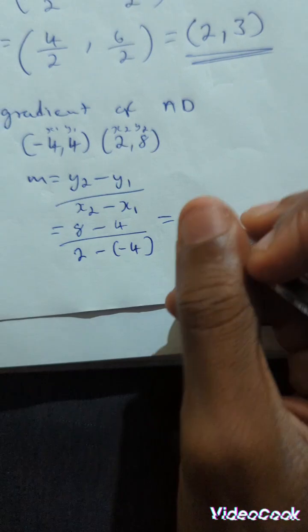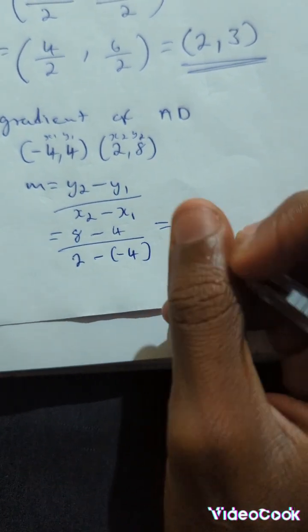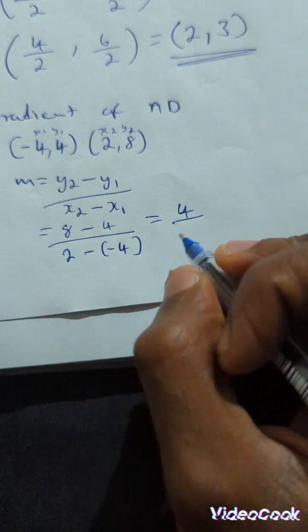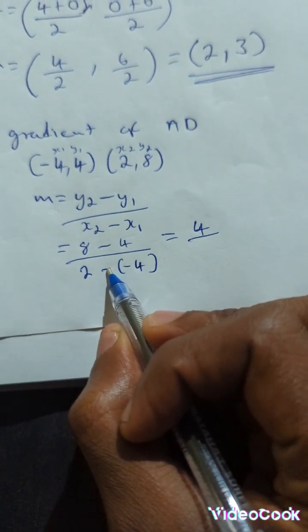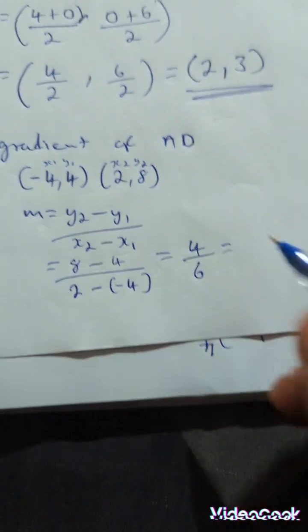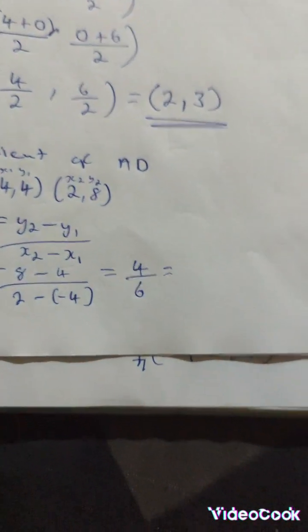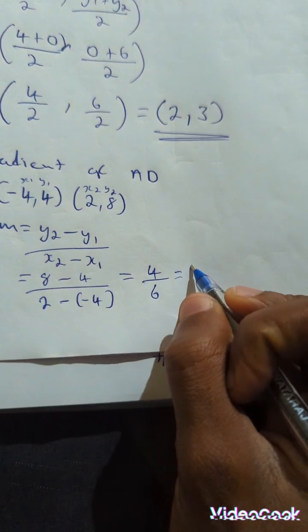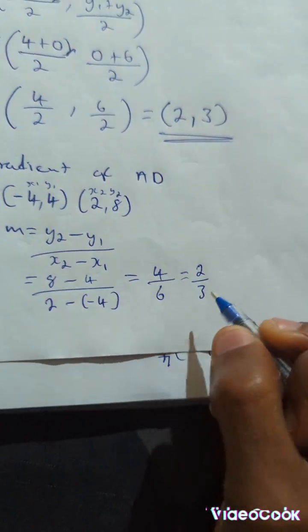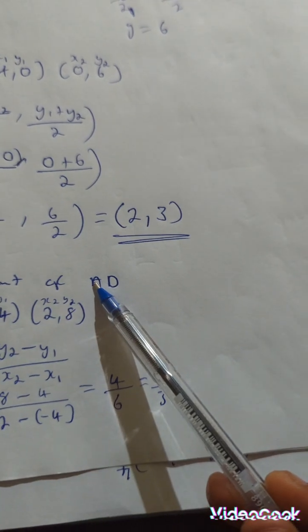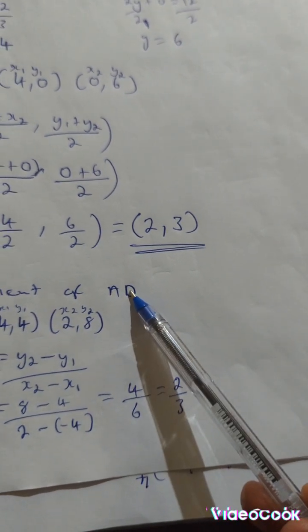We are going to get 4 over, negative times negative is positive, so here it will be 6. The factor that can go into 4 and 6 is 2, 2 into 4 to give us 2, over 3. So this is the gradient for AD, remember.